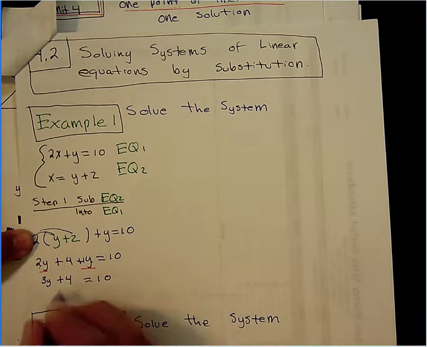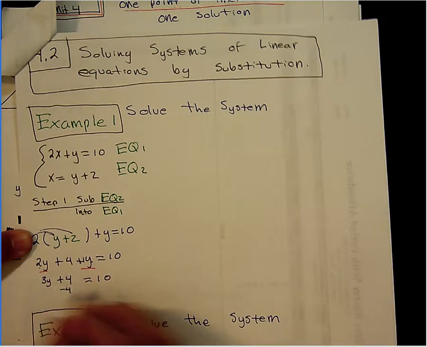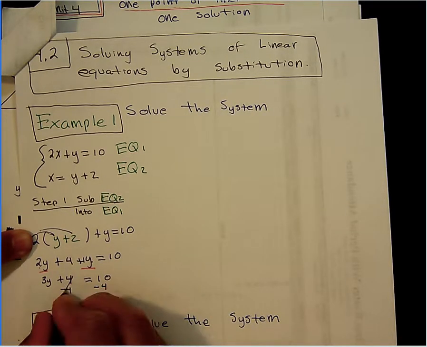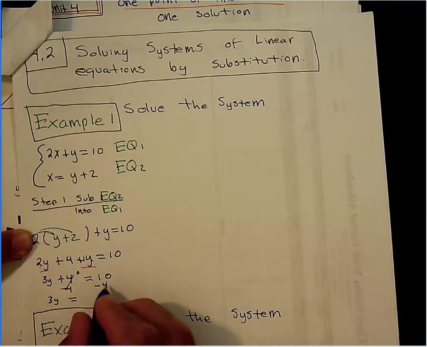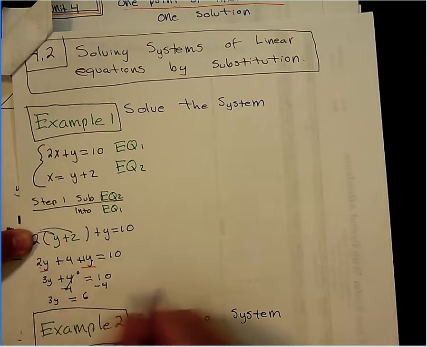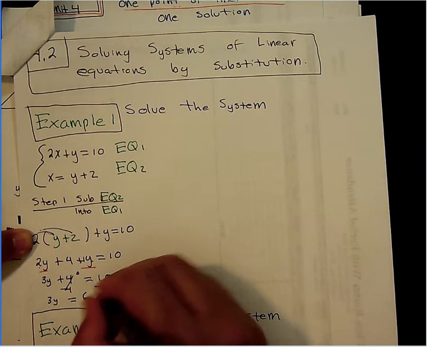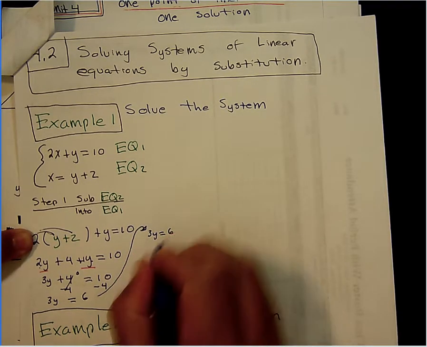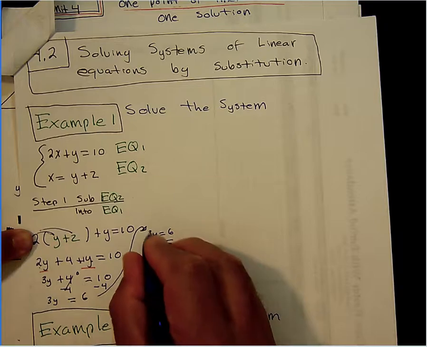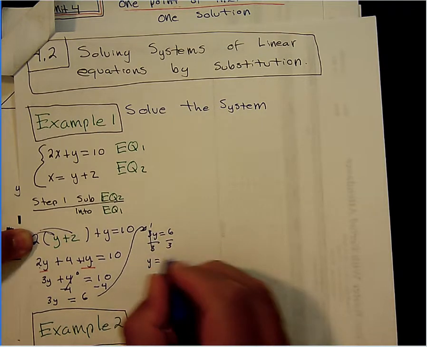Equals 10, and then solve for y, so minus 4, that becomes 0, so 3y equals 6. Divide by 3, that becomes 1, so y equals 2.